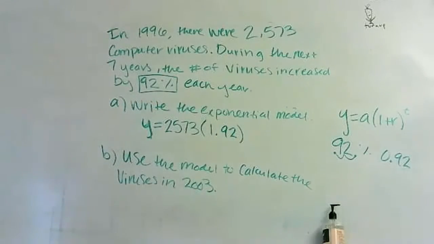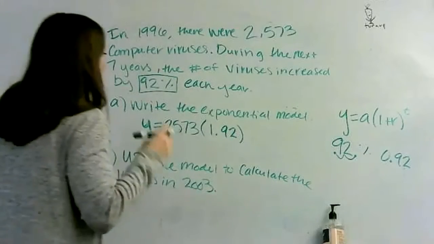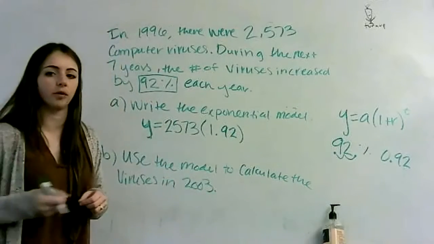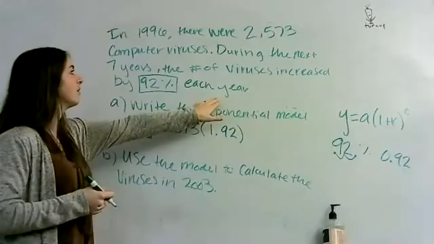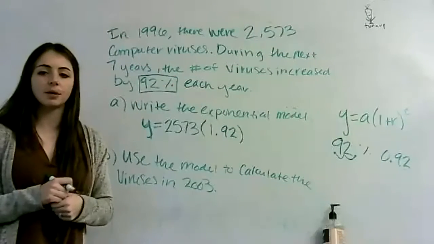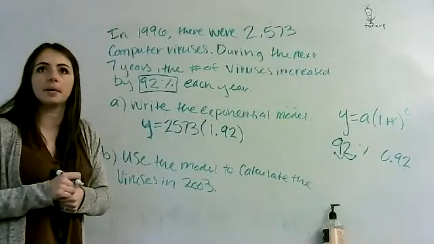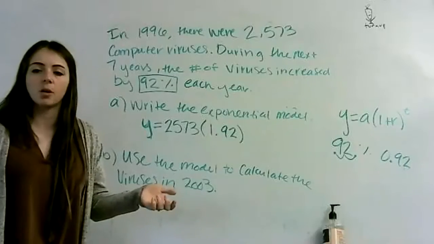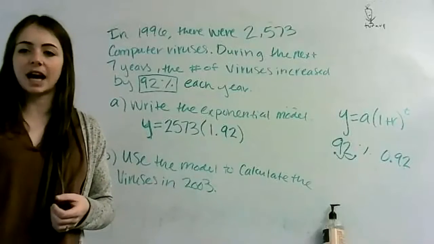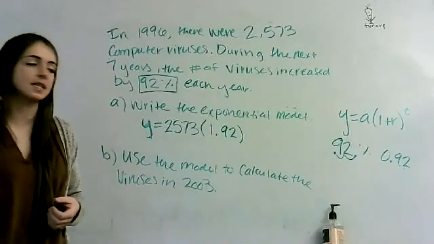Be really careful when you're asked to write an exponential model. So a model is something that can be used over and over and over. So in the example they gave us, this is what happened after 7 years. But what if I want to find what happened after 15 years? What's happening in 2020 now? Okay, you have to leave that time or that variable the same.